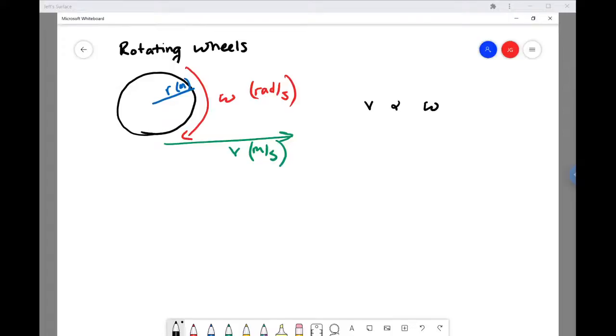This little symbol means proportional to, if you've never seen it before. Proportional to. Thanks, Nicole. Nicole's got it. The proportionality constant that makes this proportionality an equation is R. V equals R omega. Okay.